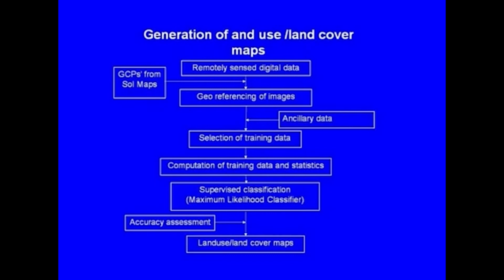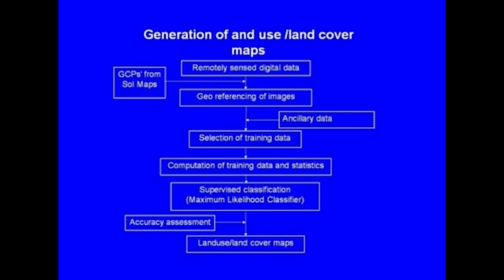In this particular study, digital data has been acquired, and on the basis of the information available from Survey of India, the images have been first georeferenced to the ground, so that all geometric errors are minimized. Based on the ancillary data which may have been collected from various offices or by field visit, we undertake the selection of the training data of different features which are present.